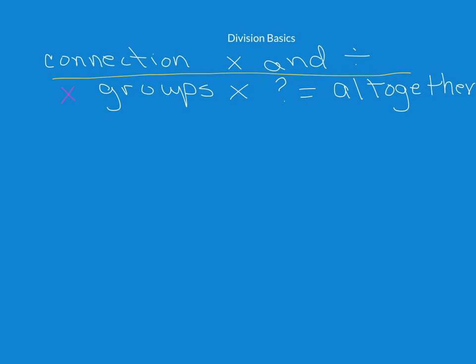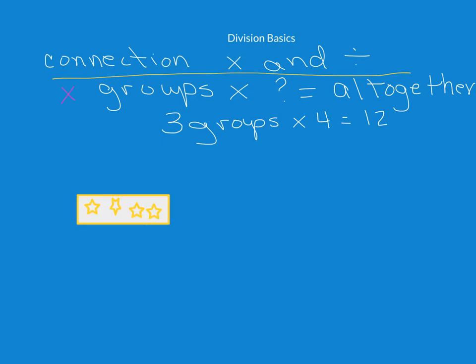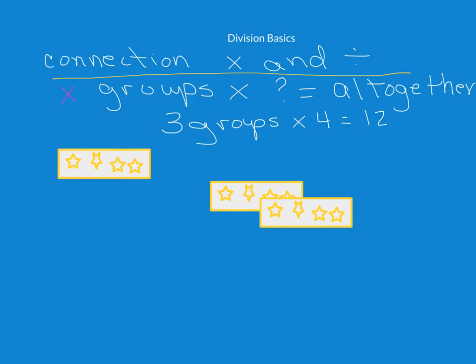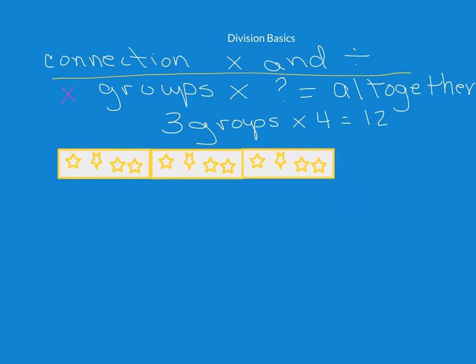So for example, if I had 3 groups of 4, then I would of course have 12 altogether. That would look something like this, so that I have 1 group of 4, 2 groups of 4, 3 groups of 4, and when I put all of those groups together, I am multiplying so that I have 12 altogether.